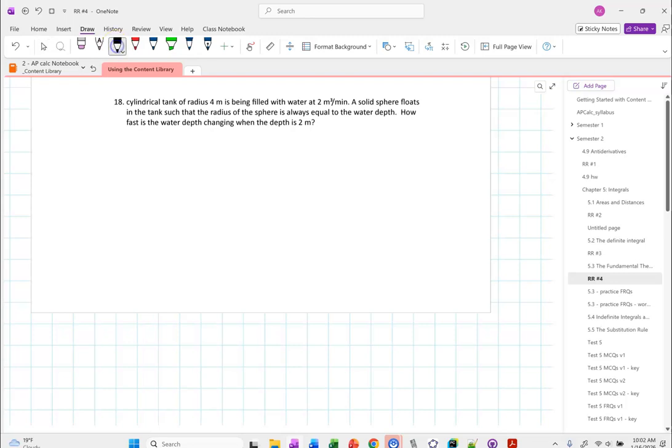So if we try to do this, there's my cylinder, right? I'm not going to give it a variable name. Okay. And now let's say this is the height of my water. Okay with that?